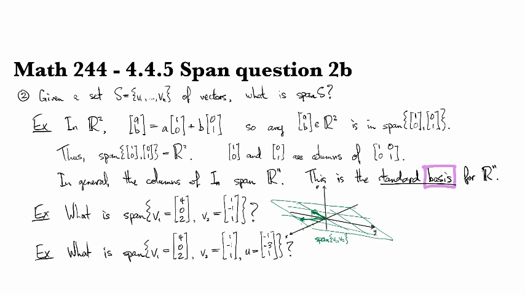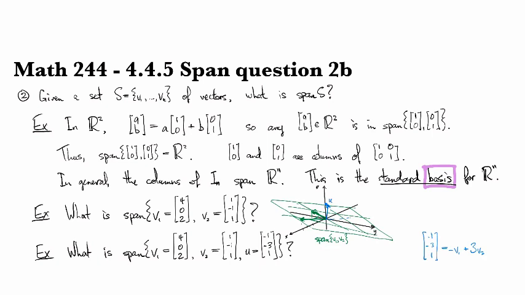So let's draw in this one. The reason why I chose this vector is because this was minus v1 plus 3v2. So out here somewhere, there's u.